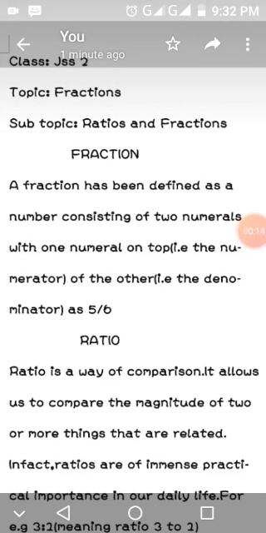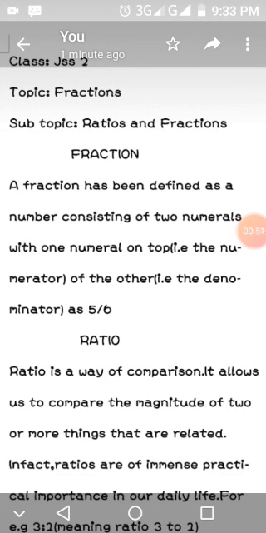Our topic today is fractions, and our subtopic is ratios and fractions. What is a fraction? A fraction is defined as a number consisting of two numerals, with one numeral on top, that is the numerator, and the other below, that is the denominator, as in 5/6.